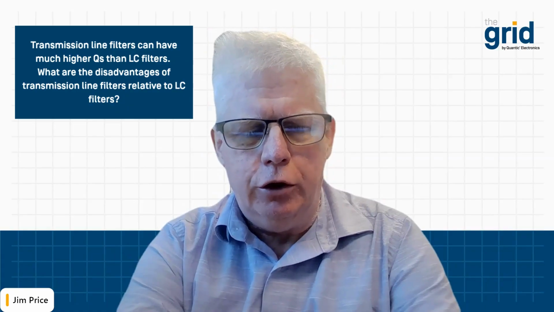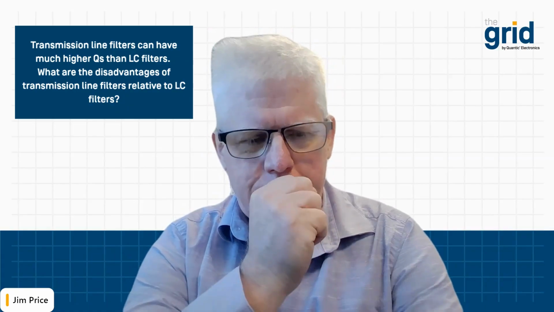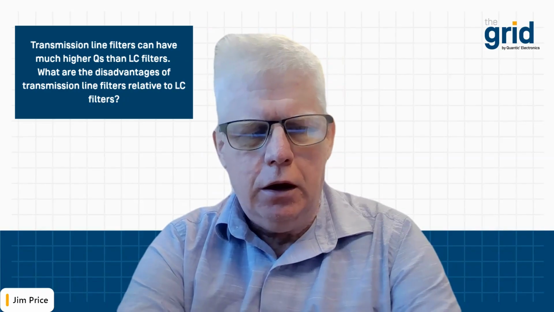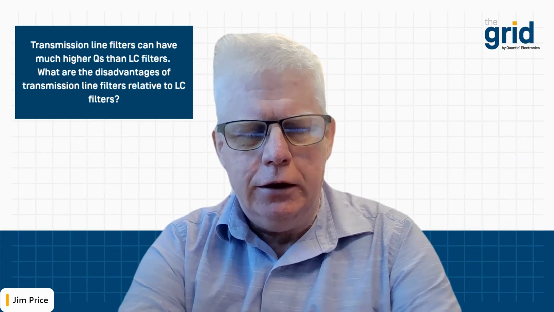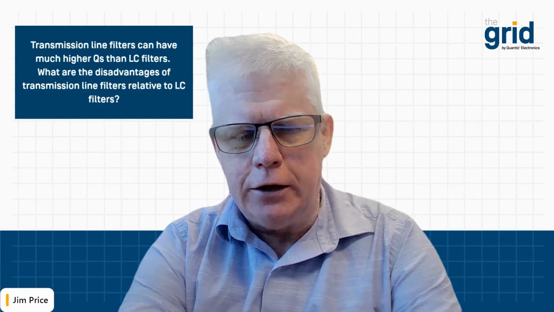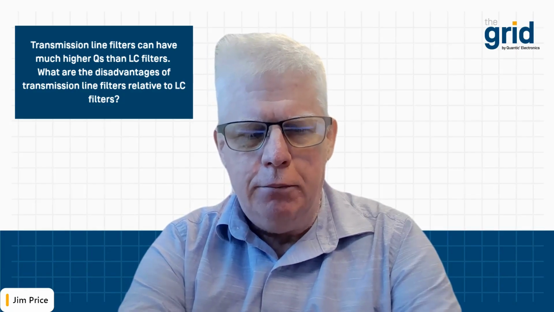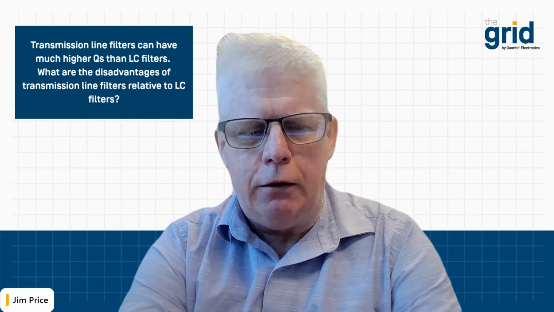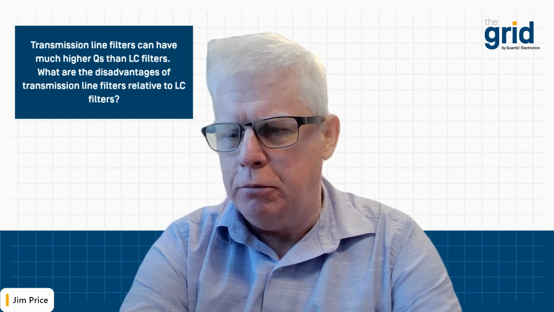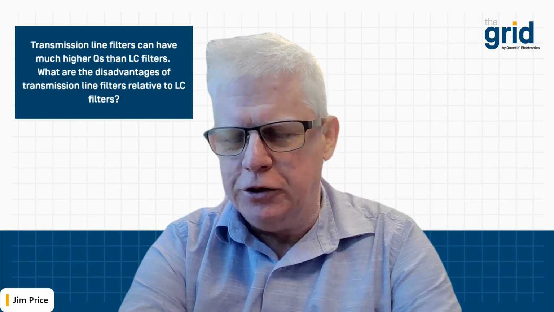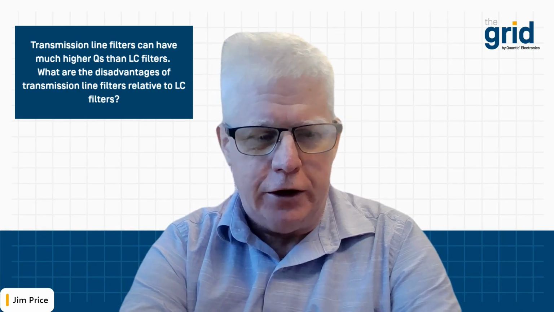Sometimes you don't care. Sometimes all you really need to do is pass a band of frequencies and knock out or reject frequencies near that band. But if you need to reject frequencies out across the entire spectrum, they're not the way to go, because they're going to repeat over frequency and re-resonate.